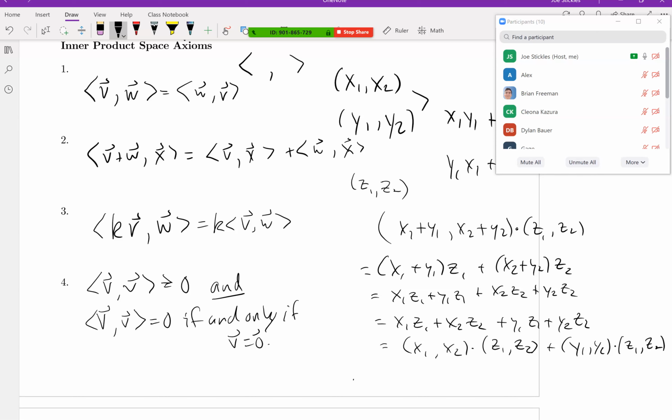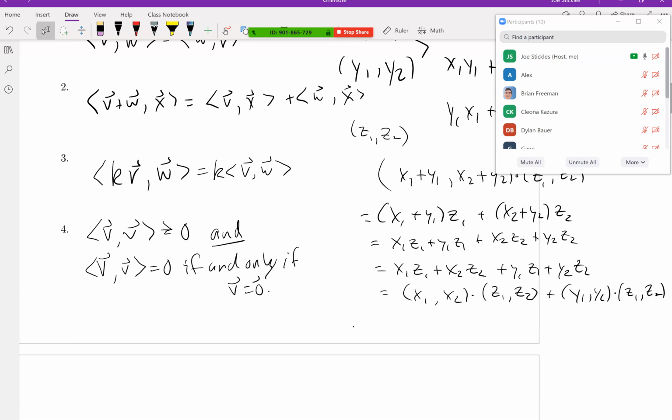This is the idea that helps us with length, because let's look at just specifically another vector in R2. If I take x1 and x2 and take the inner product of it with itself, you get x1 squared plus x2 squared.